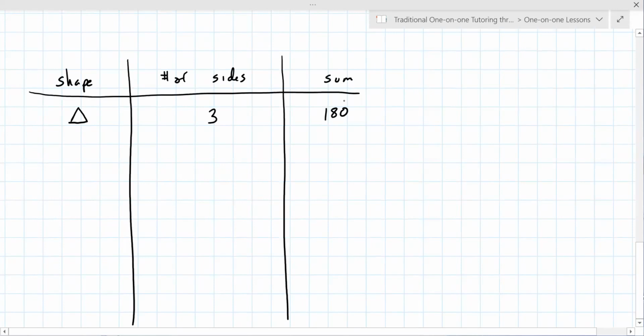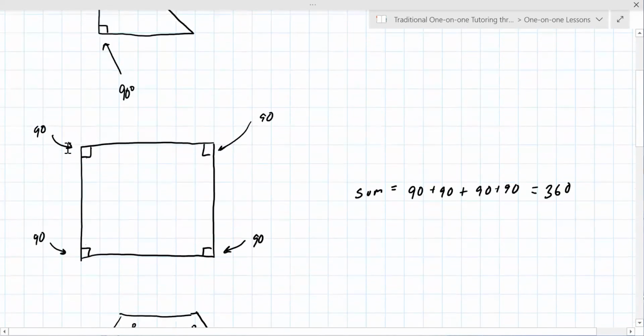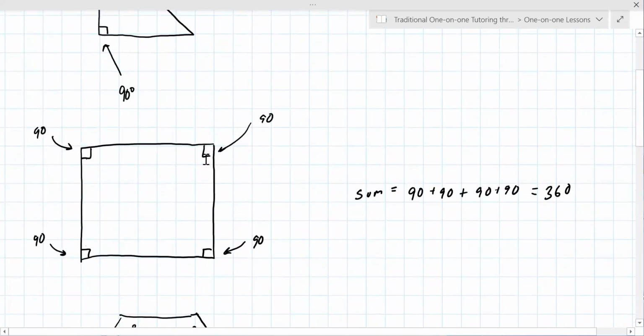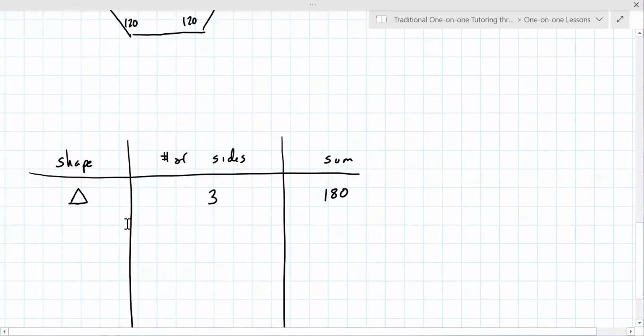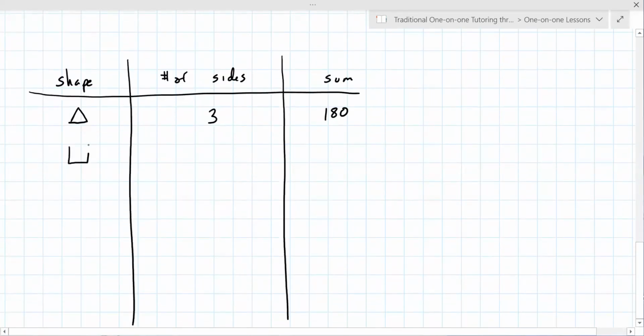What is the next shape that we looked at? The Pentagon. Nope. Let's go back and look. What's this? It's a square. How many sides does a square have? 4 sides.